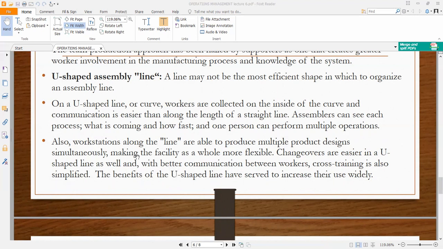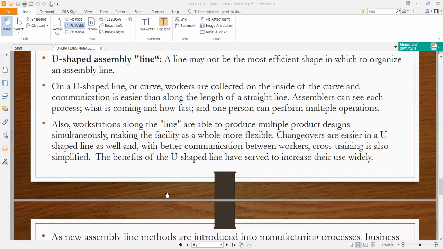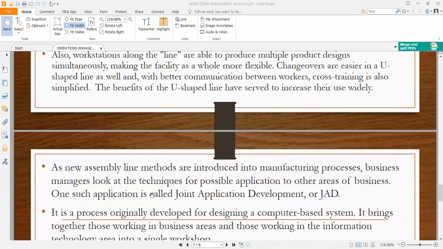Okay, now the benefits of the U-shaped line have served to increase its use widely. As new assembly line methods are introduced into the manufacturing process, business managers look at the techniques for possible application to other areas of business. One common system that is normally used is called Joint Application Development, which is the JAD.